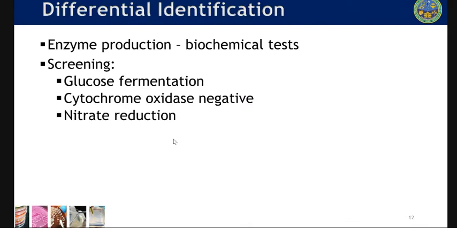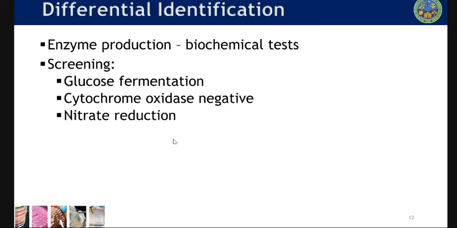Now, differential identification of organisms under the family Enterobacteriaceae is solely based on enzyme production, the different biochemical tests that you will be using to identify the genus and species level of the bacteria. For screening purposes, you have at least three tests before you proceed with a certain panel of biochemical tests.